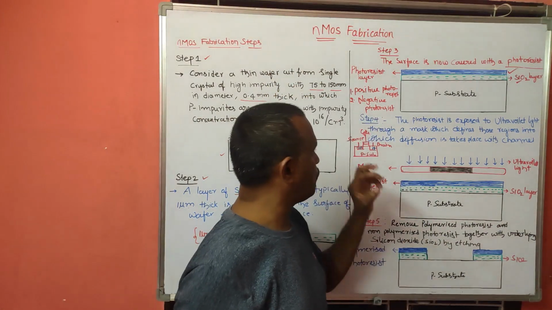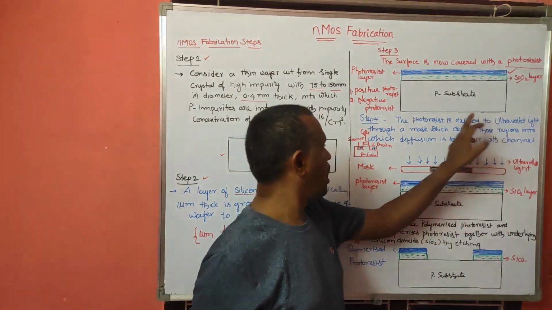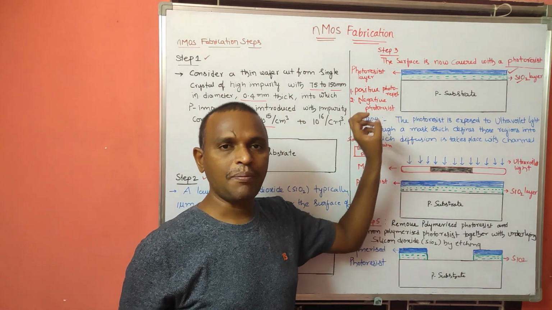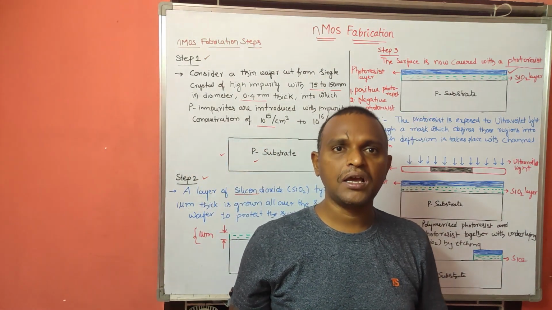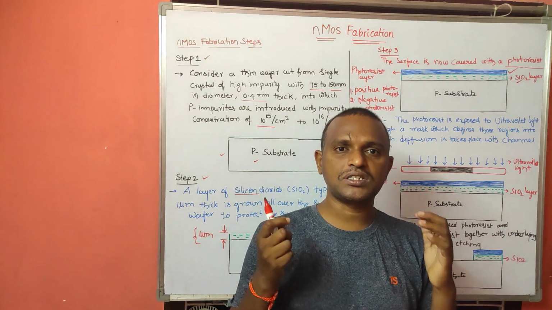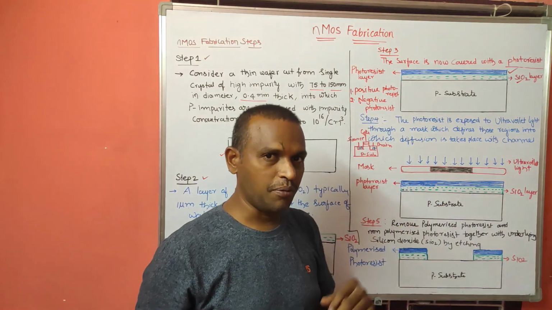So that is the fourth step. We have the photoresist exposed to the ultraviolet or UV light through a mask. The mask will be prepared in photolithography of IC fabrication.